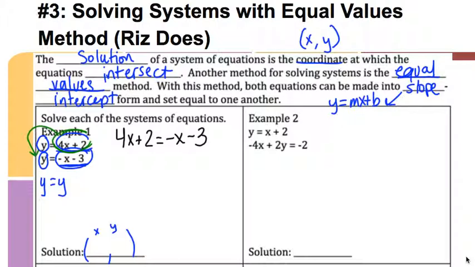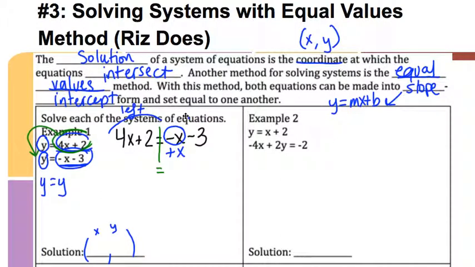How you solve for x, you want to keep your equal sign in the middle. What I'm going to recommend is that you just start using some zero pairs. You can either move from left to right or right to left. Okay, so first I want to get all of my x's to one side. So if I get all of my x's to the left side, then I need to get this negative x over to the other side. How do I get rid of it?